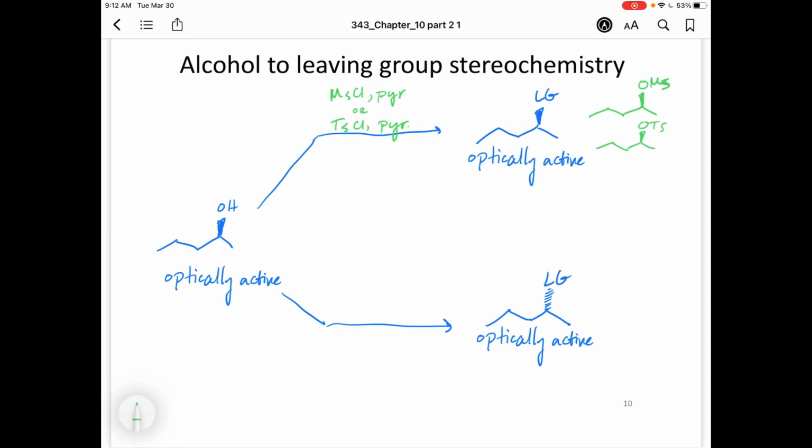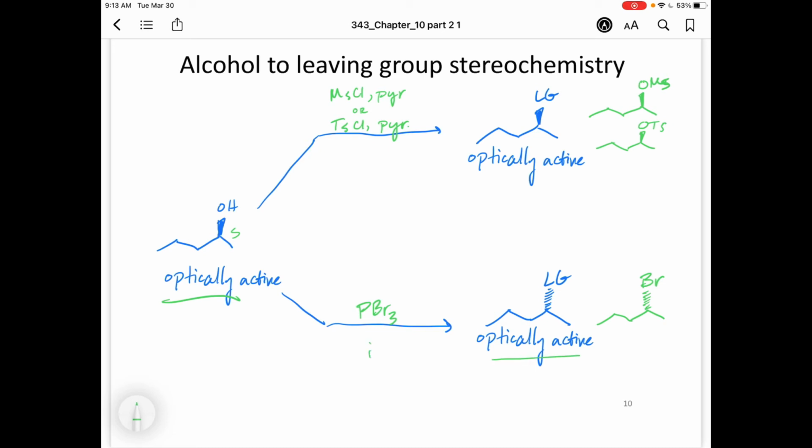One that you can do to get the leaving group back would be the PBr reaction, PBr3. In this case, we know that it goes through an SN2 type mechanism. That means our bromine will be back. What's really neat about this is you can start with this optically active alcohol, and in this case, we have this S. If you want to have your leaving group in a different position, you can change which leaving group you turn it into.